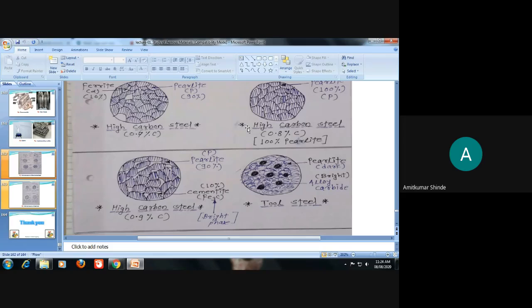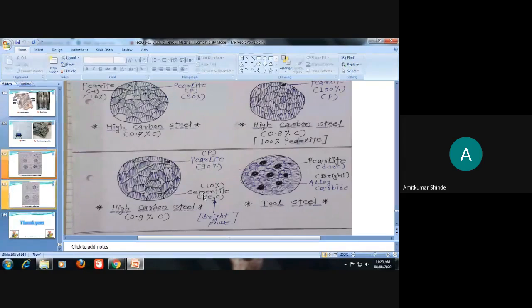For medium carbon steel, 50% pearlite and 50% ferrite is there. Above 0.8, whichever carbon percentage is there, pearlite and cementite will be there. The amount of pearlite will be more and the amount of cementite will be lesser. For example, in 0.9% carbon steel, that is high carbon steel, the dark phase pearlite is approximately 90%, and 10% will be cementite.